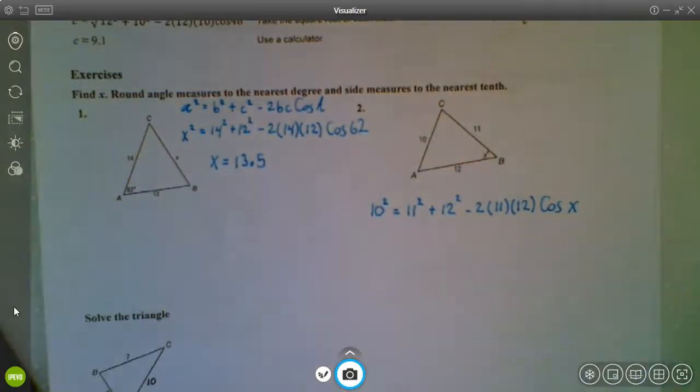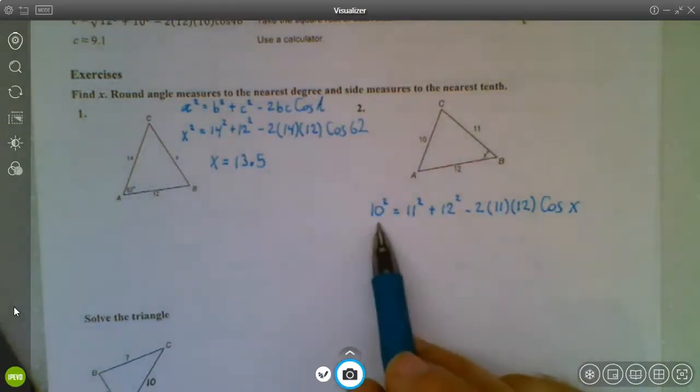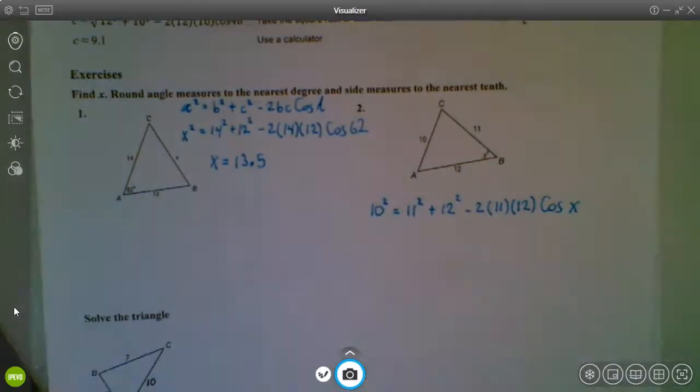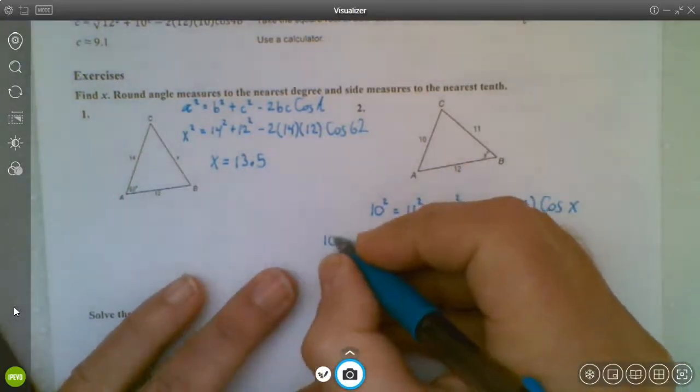Our goal is to get x by itself, right? So we have a little algebra ahead of us. I am going to need to subtract both of those over to the other side. So I'm actually going to write this out so you guys can see everything that I'm doing, so I don't lose you.